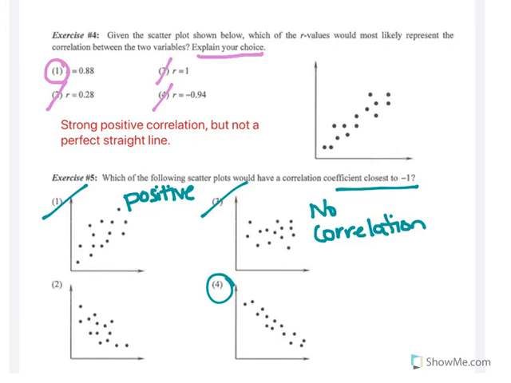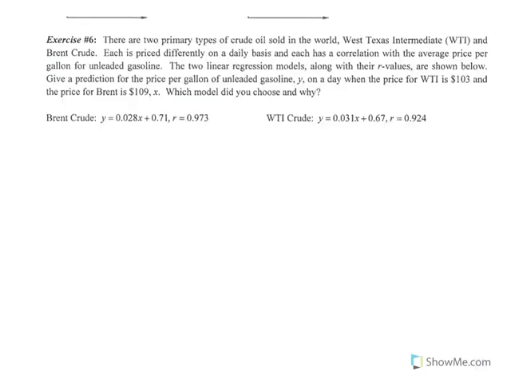Okay, on to the last question. Exercise 6. So we have that there are 2 primary types of crude oil sold in the world: West Texas Intermediate, WTI, and Brent crude. Each is priced differently on a daily basis, and each has a correlation with the average price per gallon for unleaded gasoline.